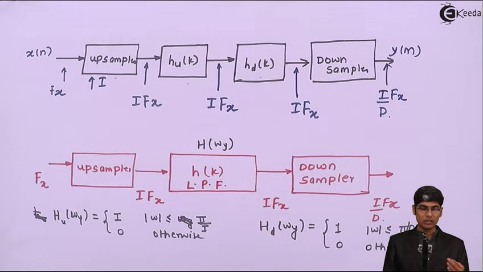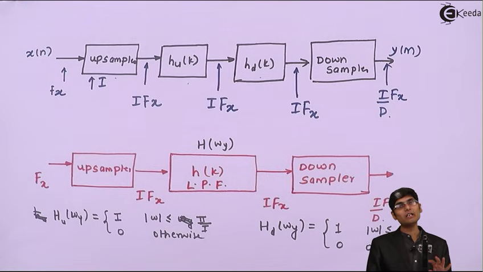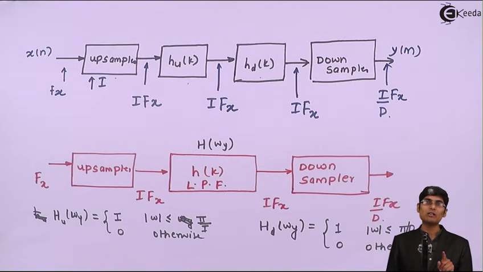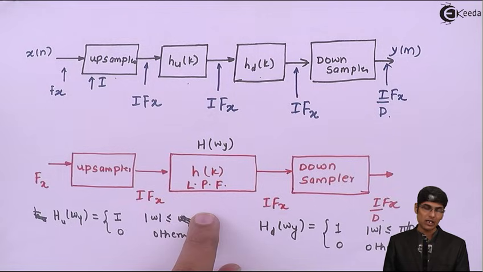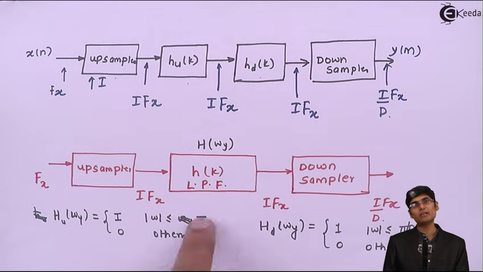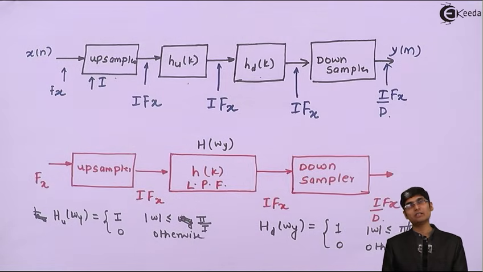In that case there will not be any images, because it is a spread signal, spread above pi over I. So what will happen in that case? This filter, instead of removing images, will act like an anti-aliasing filter. So when pi by d is minimum, the filter will act like an anti-aliasing filter, and when pi by I is minimum, that time this filter will act like an anti-imaging filter.